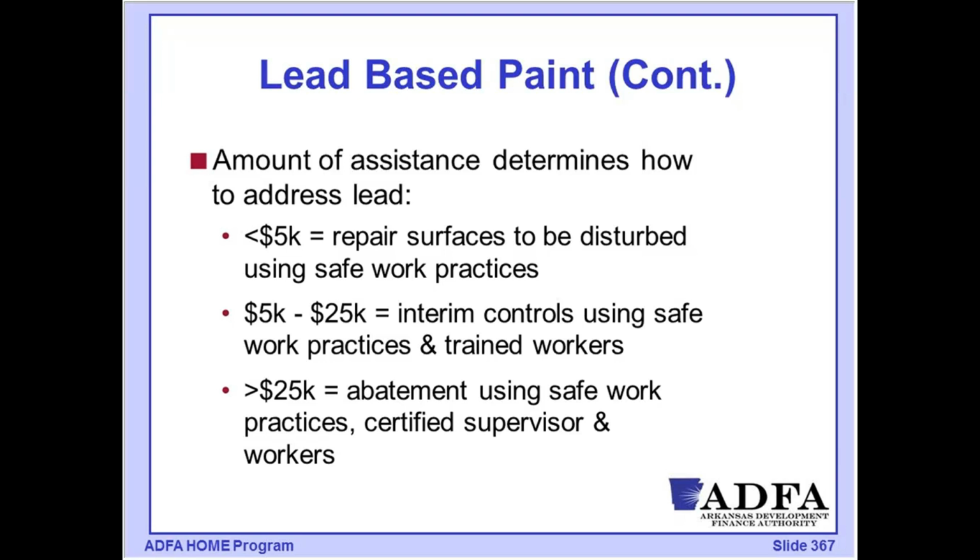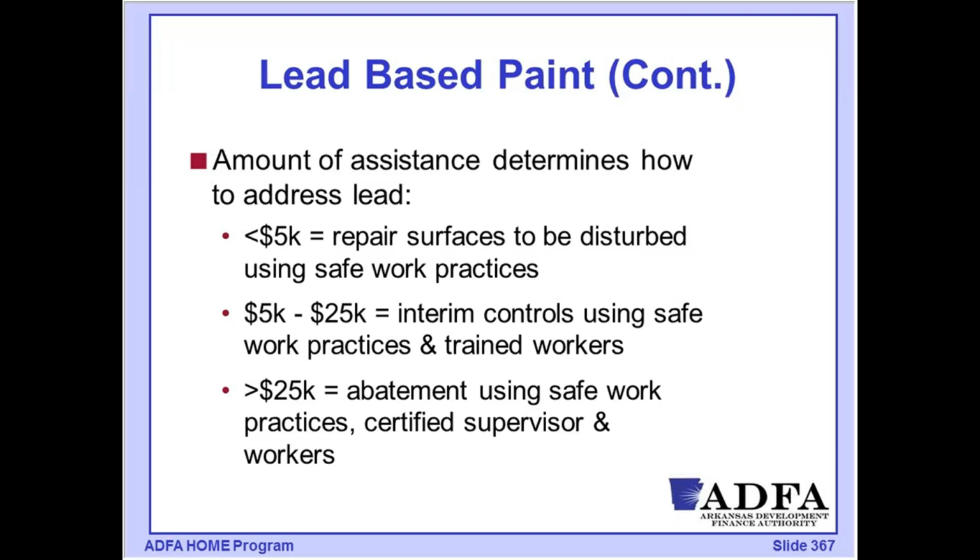For $5,000 to $25,000, I'm going to be using interim controls and also using safe work practices, and I'm required to have trained workers. So in that case, I might be encapsulating, I might be covering those surfaces, but I'm not required to remove every bit of lead that would be within that house.